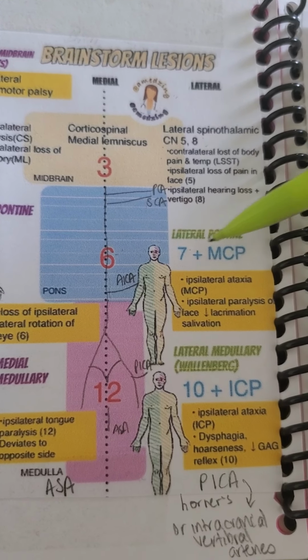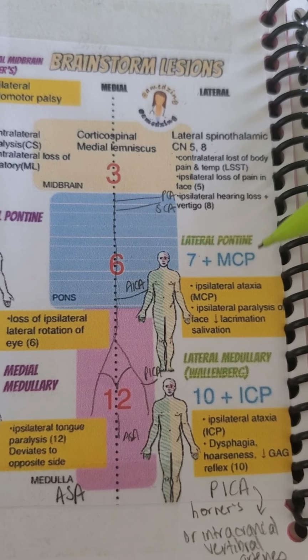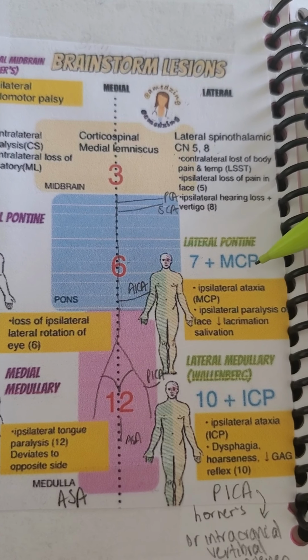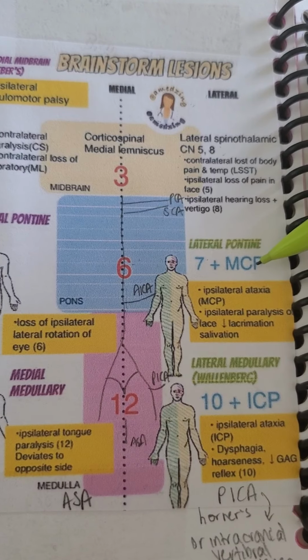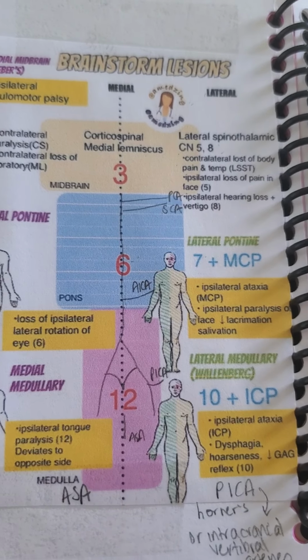We know that we're dealing with a lateral pons lesion. Also, the middle cerebellar peduncle is going to be involved, so the patient is going to have ataxia.